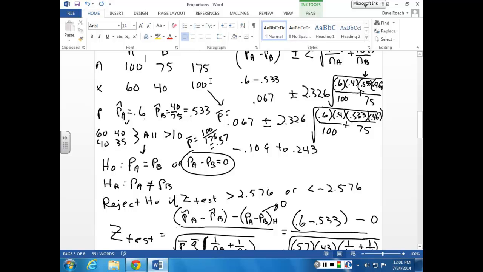We had 100 yeses in the whole thing and 75 no's in the whole thing. So for the hypothesis test, both 100 and 75 are greater than 10. Therefore, we have a valid process. We are guaranteed a sampling distribution that's a bell curve.